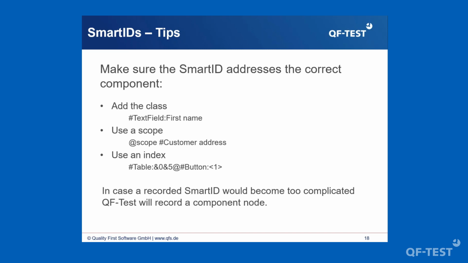QFTest has a certain algorithm to decide how to create the SmartID, and when you know a better SmartID than QFTest came up with, you can always change that manually as well. But usually QFTest comes up with a SmartID. Right, let's have a look at QFTest now.